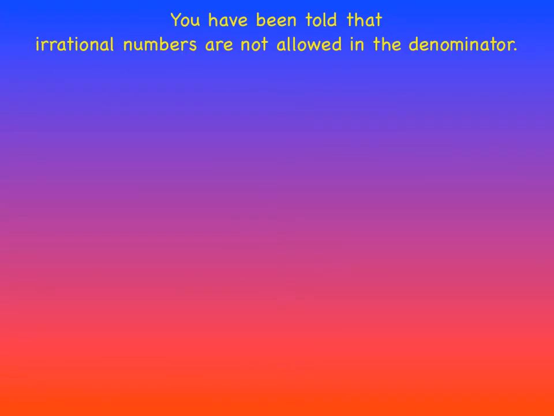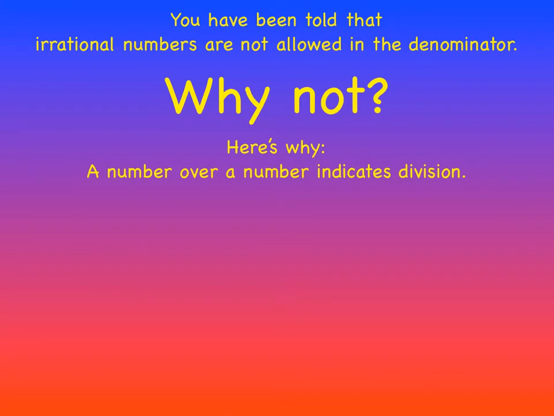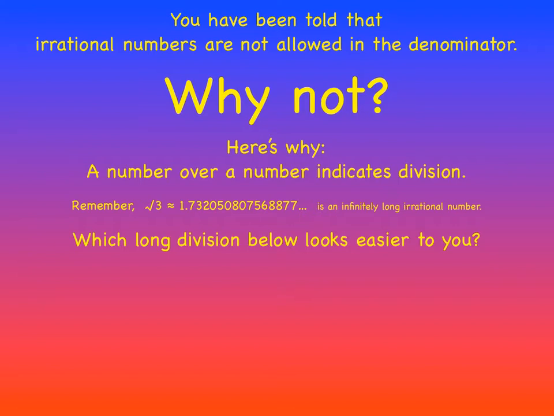Well, you've been told that irrational numbers are not allowed in the denominator. Well, why not? I mean, if you want to put one down there, why can't you? Here's why. A number over a number indicates division. And remember, rad 3 is 1.7 blah, blah, blah. It's an infinitely long irrational number. Okay, then which long division below looks easier to you?